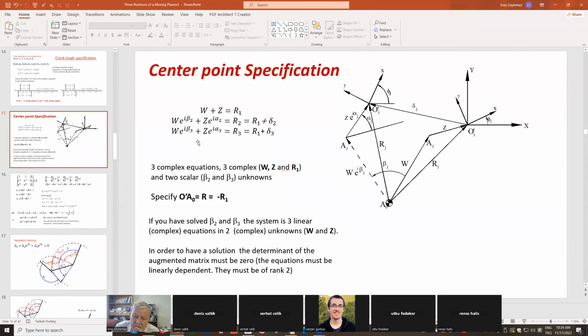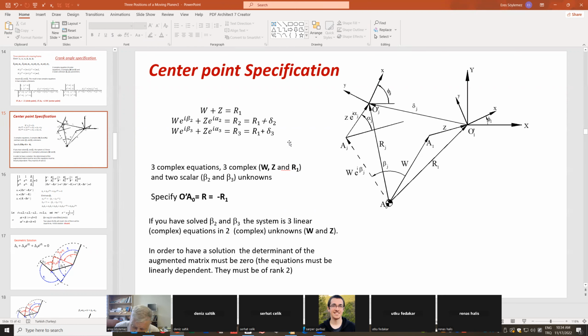In this case, if you have three equations in two unknowns, I'm assuming beta 2, beta 3 known, I will form a matrix of the coefficients and the augmented matrix with R1, R2, R3. If the determinant is equal to 0, then the rank is equal to 2.